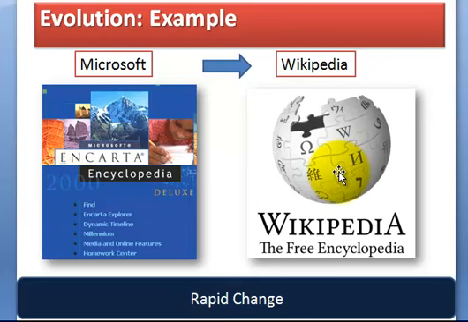And then one individual started off on the side on the web in Wikipedia, which eventually put Encarta out of business. So the way data is handled, the way data is manipulated, has not just revolutionized our world, but has totally changed things like the encyclopedia industry. It's different.